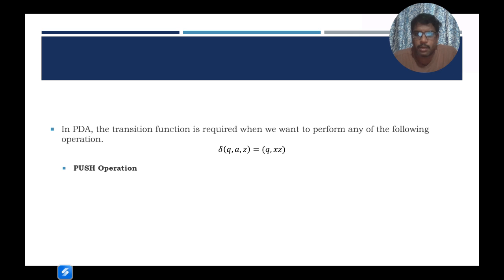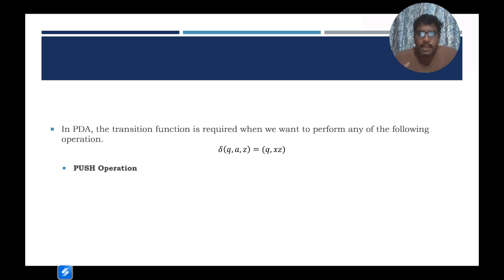Clear? Or a power n b power n c power n, such that n equals 1, so that we get ABC. So here I have to compare a and b, and simply read the c. That means by reading a, I push a onto the stack.